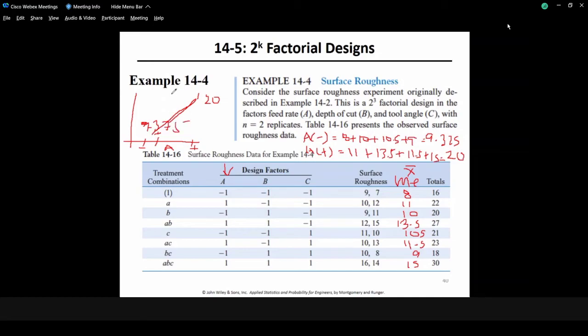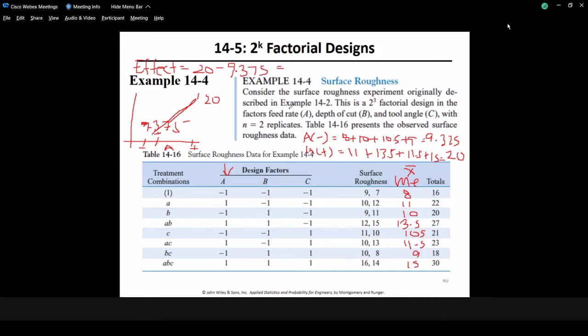9.375. The effects using the mean, the effects should be 20 minus 9.375.